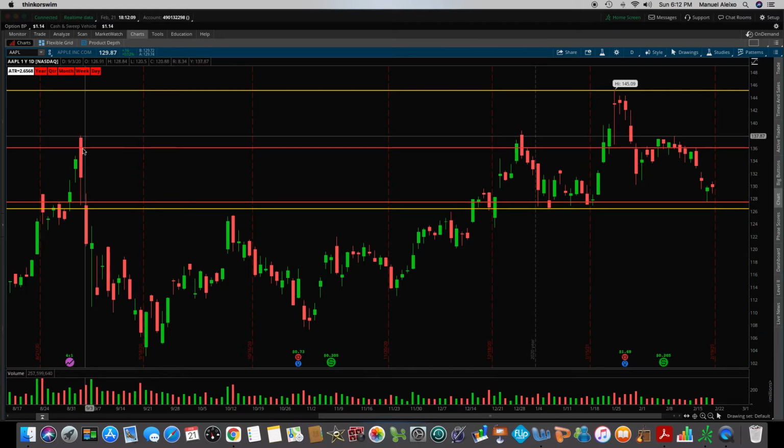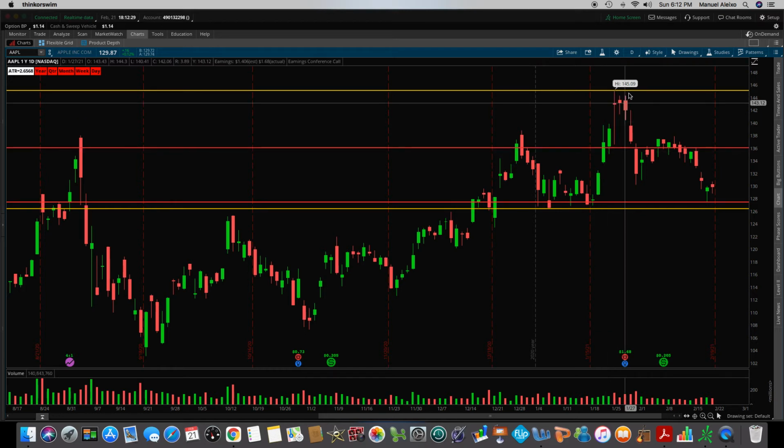And then it failed to go any higher. Okay? And take a look here on 12/29, it pretty much got to that same level again and then failed to go any higher. It did break out of that area on January 21st, and that's when it ran to that 145.09. But since then, all it's been doing is literally throwing up.